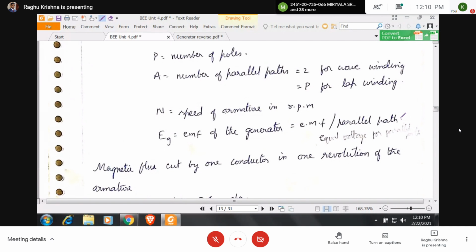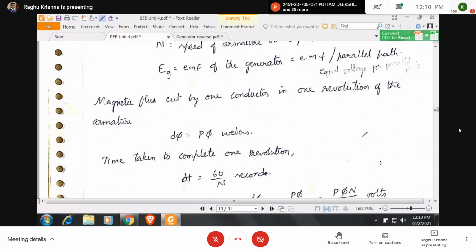The parallel paths have equal voltage, so if you have more parallel paths, you can increase the current.